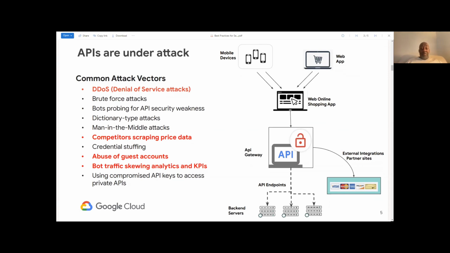You have other types of compromise, where you might be sharing API keys or other security breaches that allow a bad actor to get access to your backend data, and maybe even compromise your systems. So again, these are some of the attacks in the list, and types of security threats are growing.